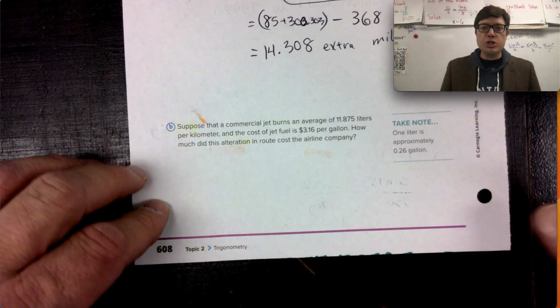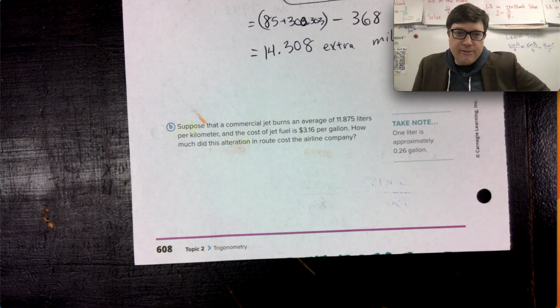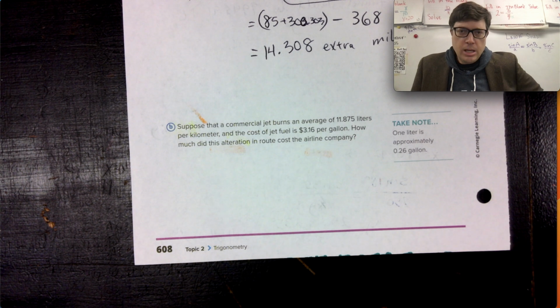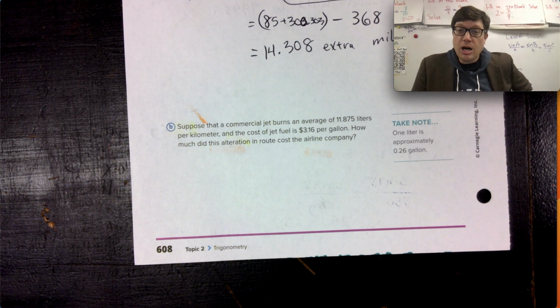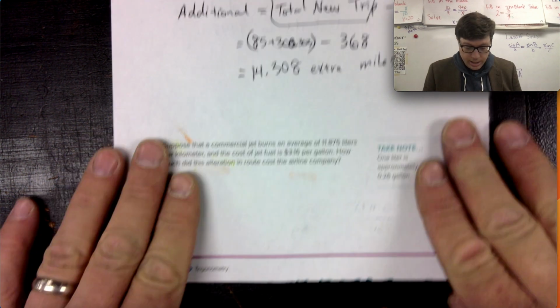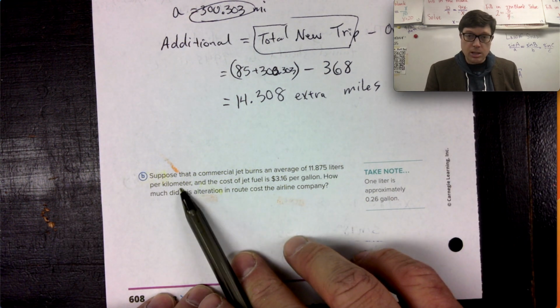Okay, let's answer part B. Suppose that a commercial jet burns an average of 11.875 liters per kilometer, and the cost of fuel is $3.16 per gallon. How much did this alteration in route cost the airline company? Notice this is measured in miles, and this is a measurement in kilometers.